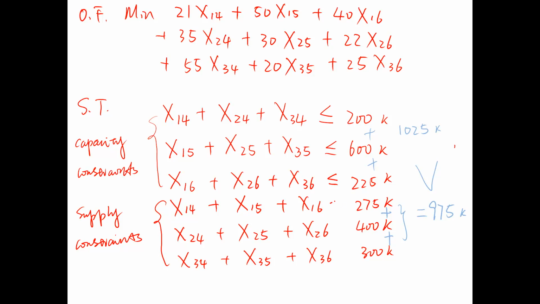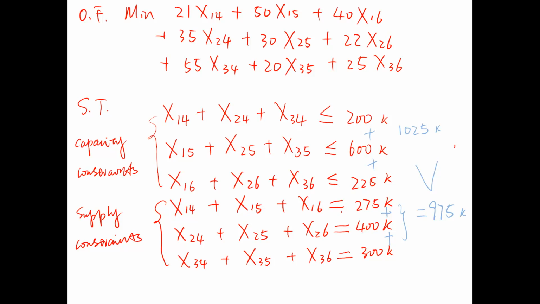Okay, so for the supply constraint, we're going to put equal signs here, so that it represents we're going to ship out all the citrus at these 3 groves, but for each of those processing plants, the total citrus shipped in should be less than or equal to the capacity they have at each of those plants.